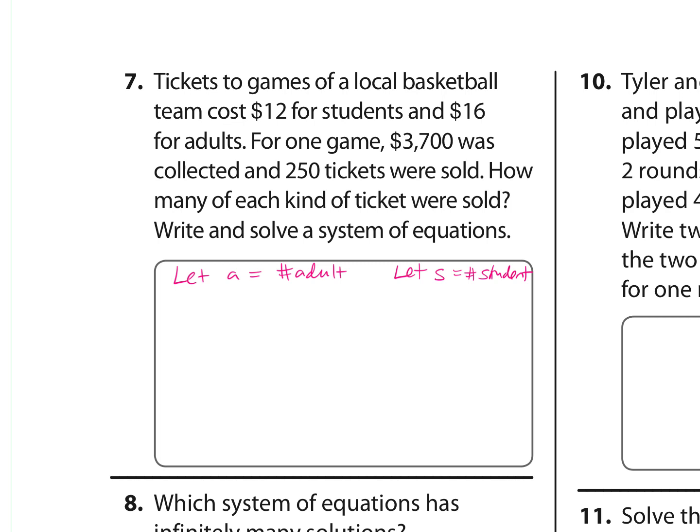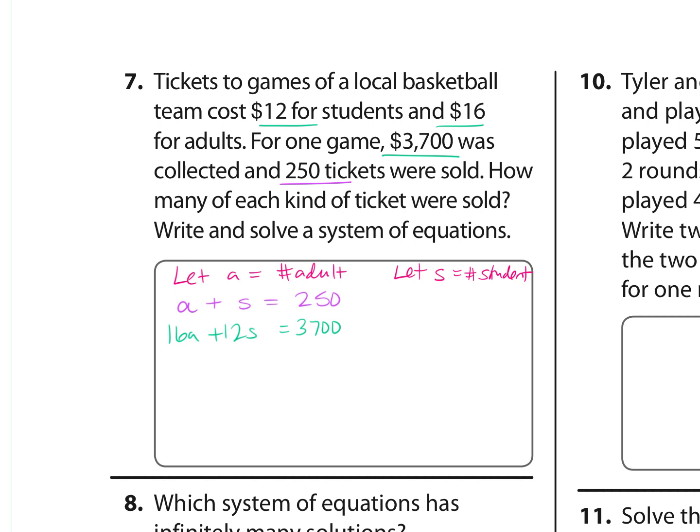We have the total that there were 250 tickets sold. So I could say A plus S equal 250. We also have an amount of money. $3,700 was collected. And we know that it cost 16 for adults and it cost 12 for students. So we've set up a system.